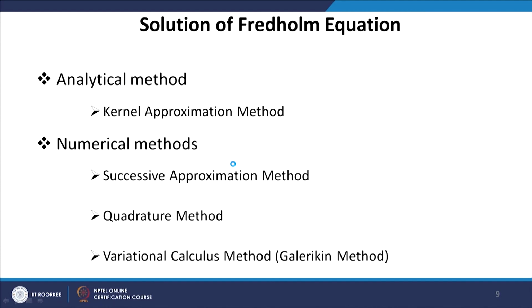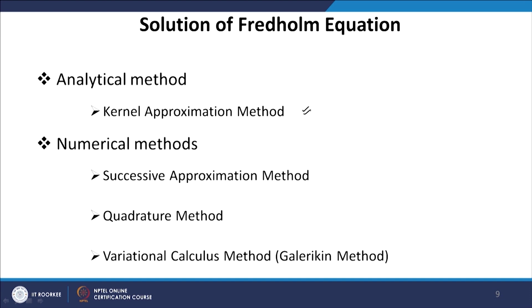There are a number of methods. Analytical methods are also possible and numerical methods are also possible, although the analytical methods are mathematically quite involved and time consuming. So, most of the time we prefer to solve these types of problems using numerical methods, and the numerical methods provide good accuracy also.